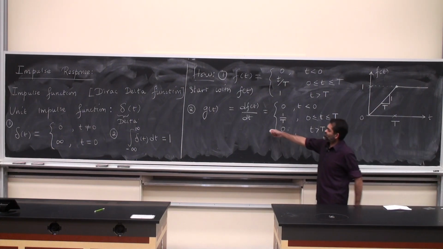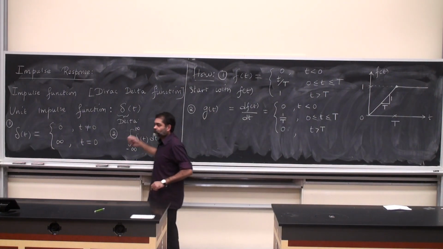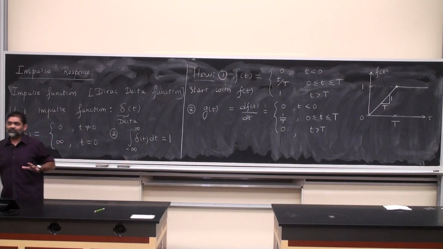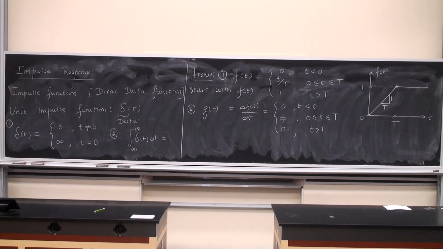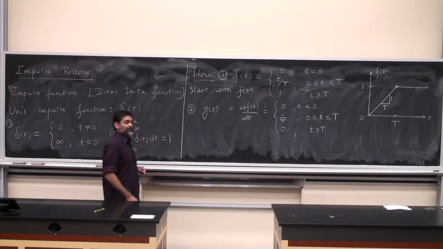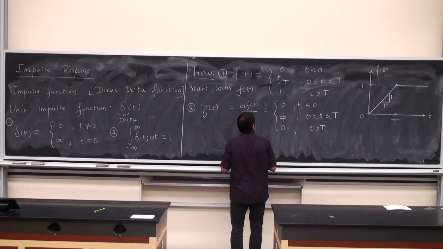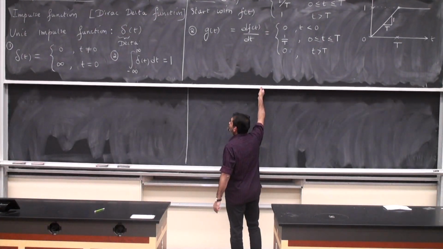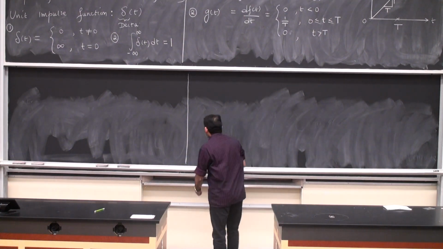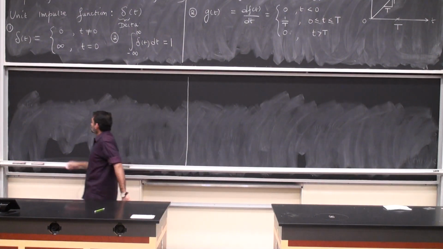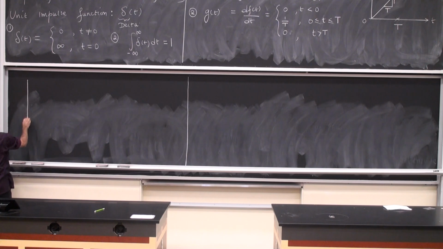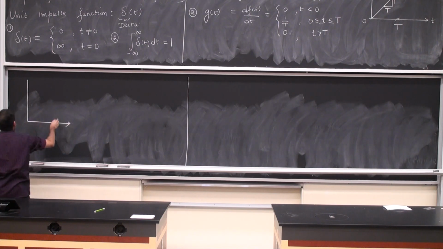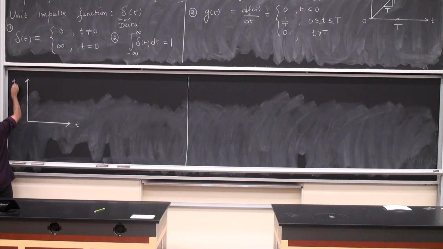I want to see if this makes sense to you. I just took that function and differentiated. Nothing funny going on here. No tricks. Okay? I want to plot this guy. So let's plot g of t. This is t. This is g of t.